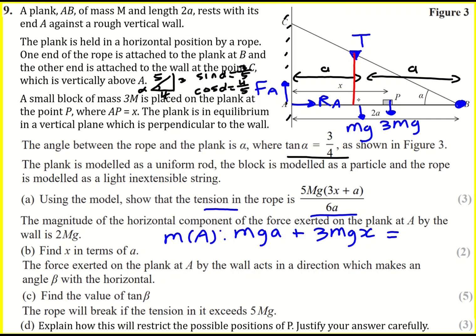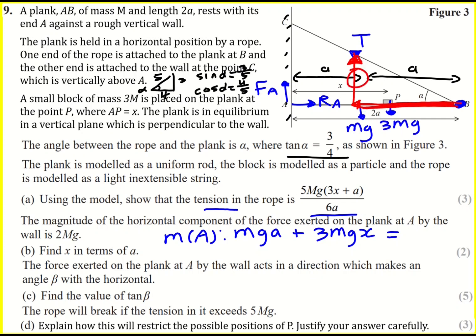So if I take this tension, I can split it into this horizontal part and this vertical part. I might leave that on the diagram, just to show that I've split T up. The vertical part is going to be T sine alpha because it's opposite in this right angle triangle.